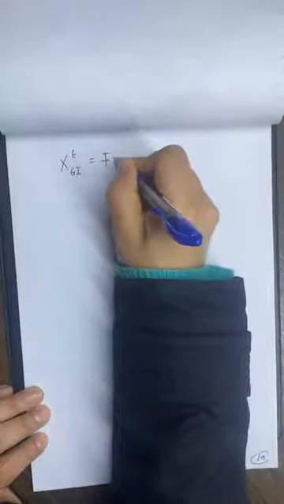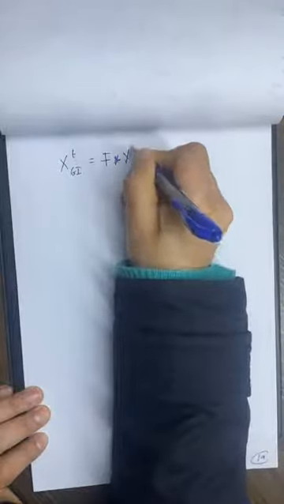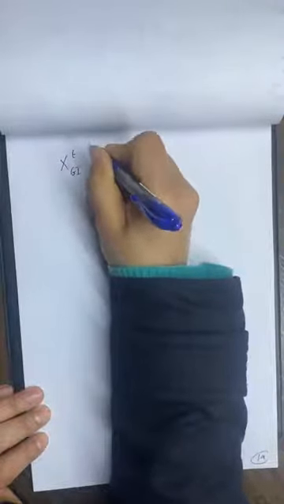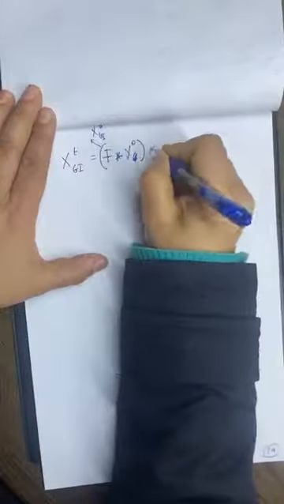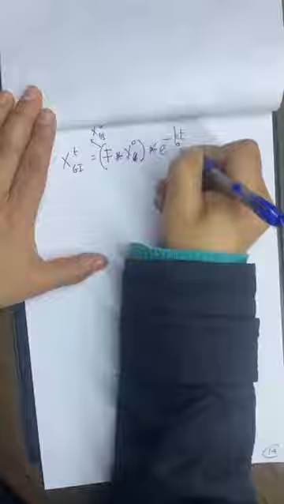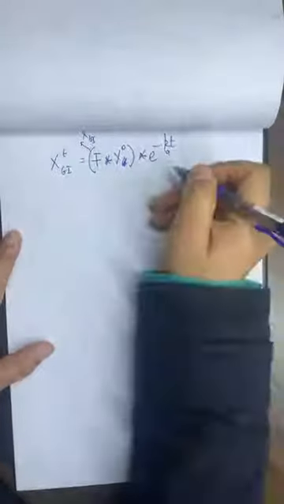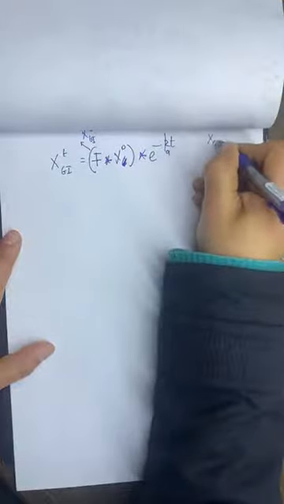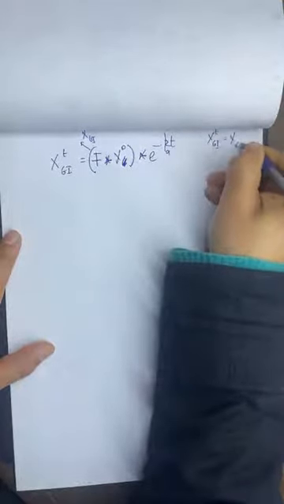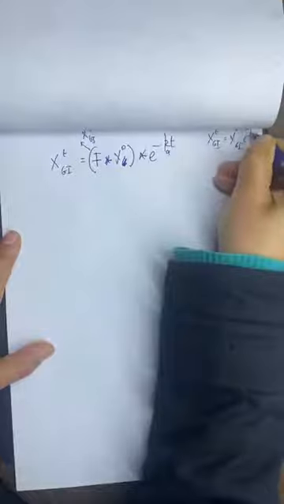This equals F times X naught, which is XGI naught, if you remember, multiplied by e to the minus ka times time. It's the same as XGI at certain time equals XGI naught e to the minus ka multiplied by the time.